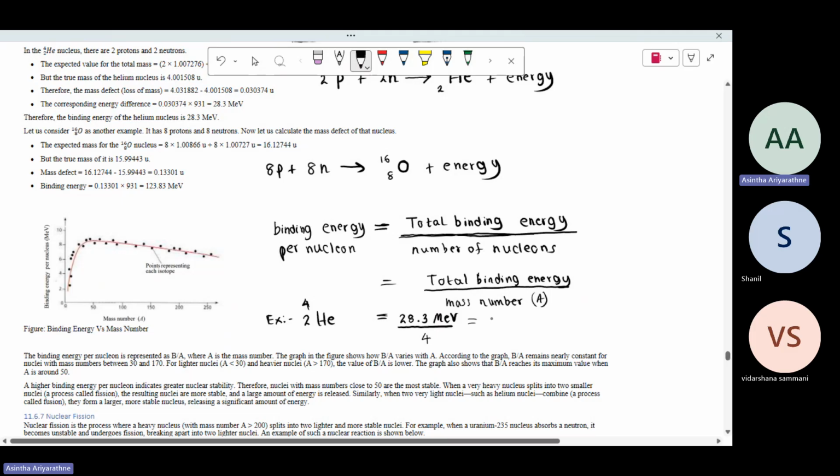So we get 7.075. That is the binding energy per nucleon.